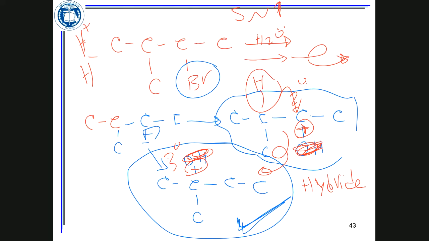We could also have a methyl shift. Which one is easier, hydride shift or methyl shift? Hydride shift is much easier because you're moving a smaller group from one carbon to another.